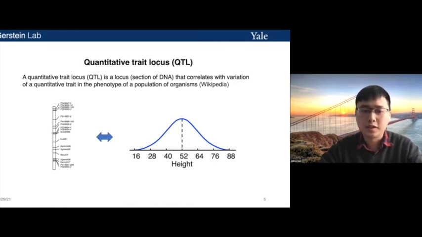This has been done since like 30 years ago, even before the era of sequencing technologies. In those days, people just found some large sections of the genome that are associated with such quantitative traits. Nowadays, we have sequencing technologies.